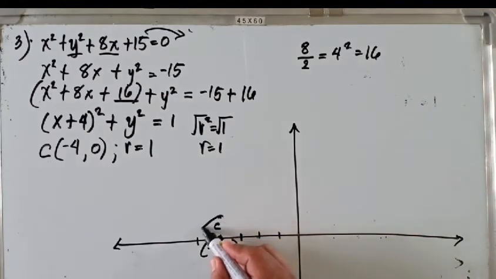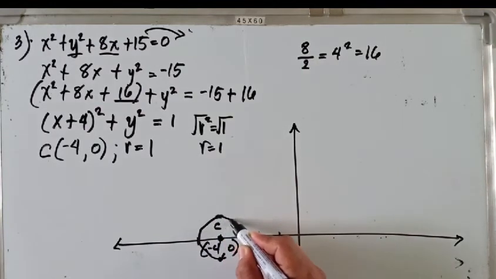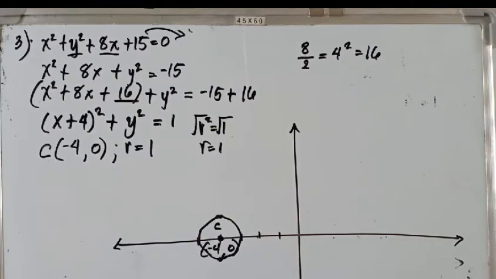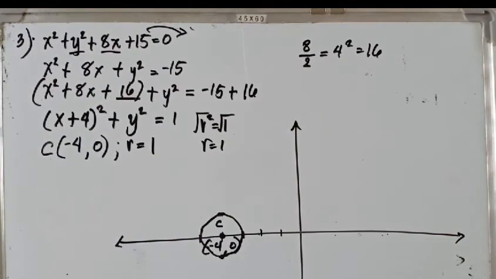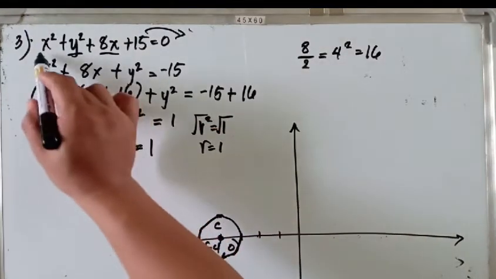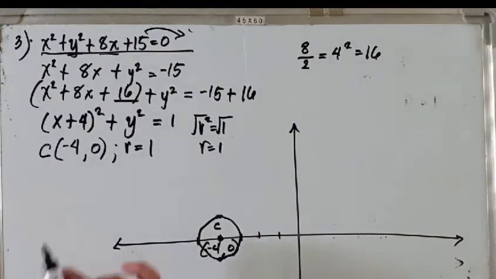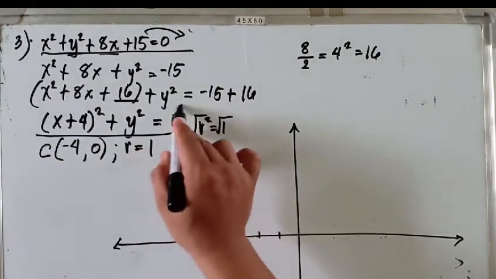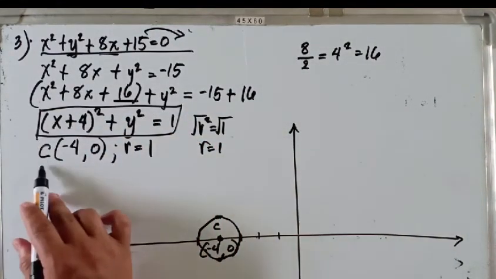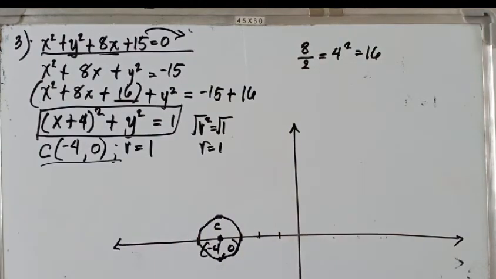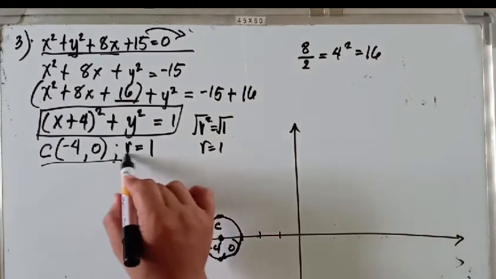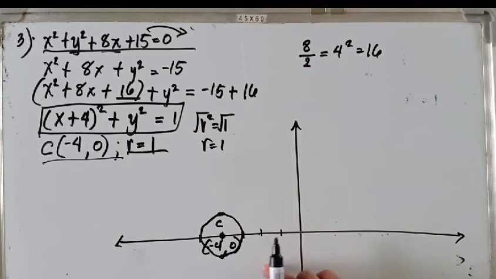So the graph of the circle would look this way. That's how we express the general form of the circle into its standard form for you to determine your center and the length of the radius, and even for you to graph the circle.